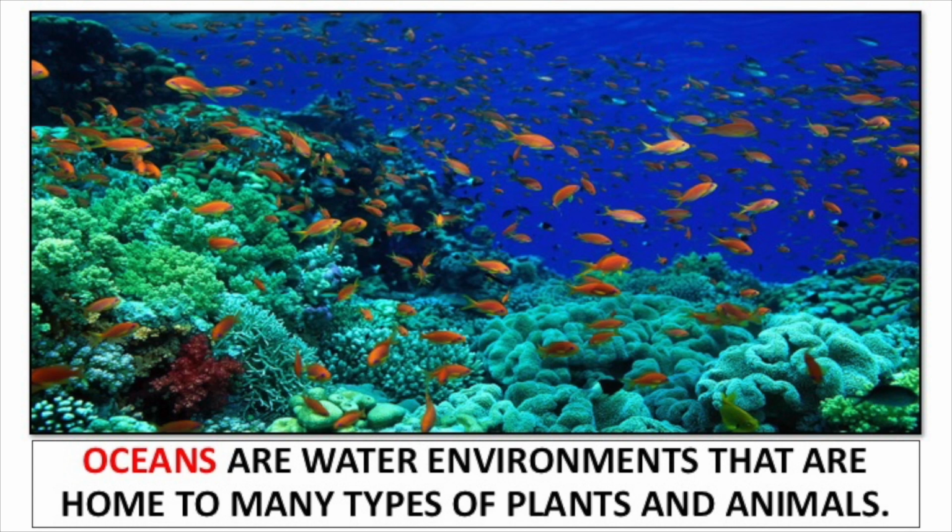What's the main type of animal? Fish. Thousands of different types of fish. And thousands of different types of plants too. Natural or man-made? Natural, all natural in the ocean, yes. And these are all examples of the environment, and then some examples of natural environments. Any questions, guys? Okay, that was very well done.